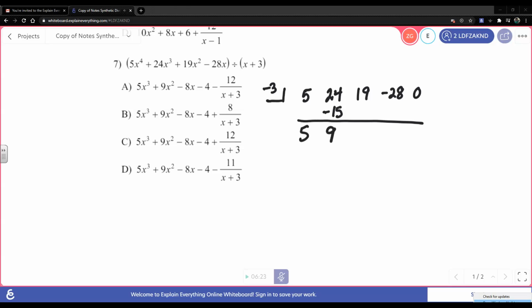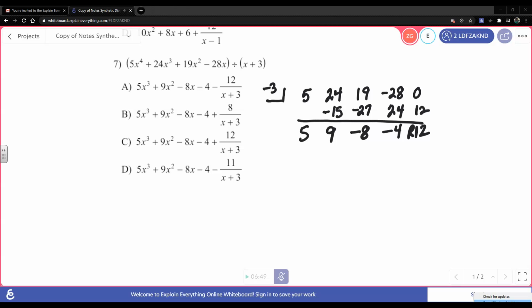Negative 3 times 9 gives you negative 27. 19 minus 27 is negative 8. Negative 3 times negative 8 is 24. Negative 28 plus 24 gives you negative 4. And then negative 3 times negative 4 is 12. And so your remainder is 12.